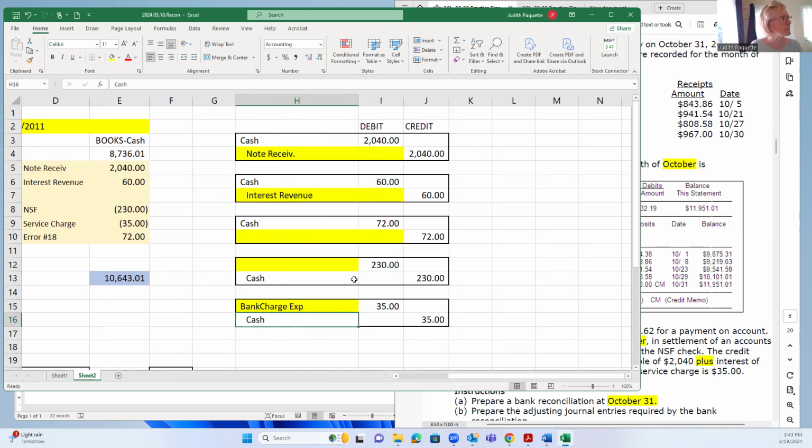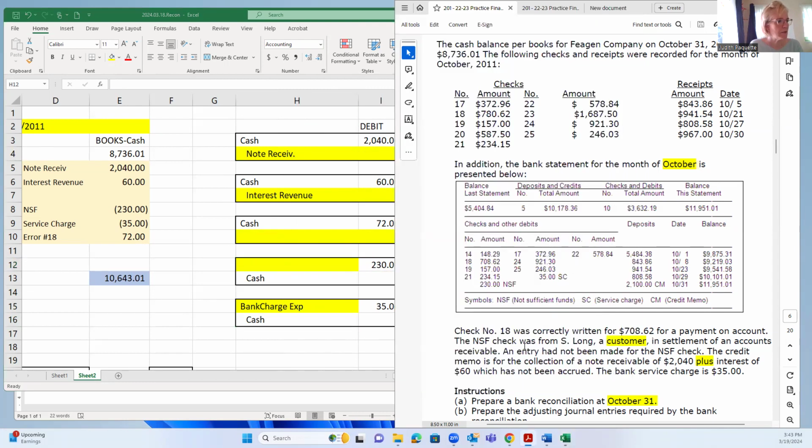Okay. All right. Now 230, let's go back and read this. The NSF check was from S. Long, a customer, in settlement of an accounts receivable. Okay. NSF checks are checks that the company already recorded. They debited cash, credited accounts receivable. It was also recorded by the bank. And then the way banking works is the bank goes through the wires and pulls the money from the other bank account.